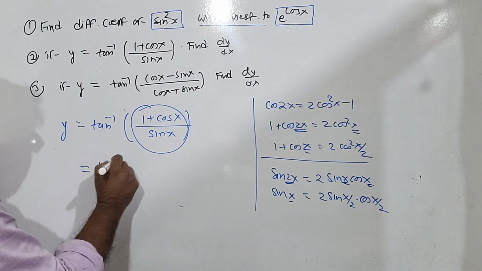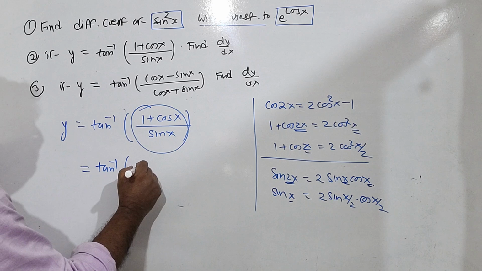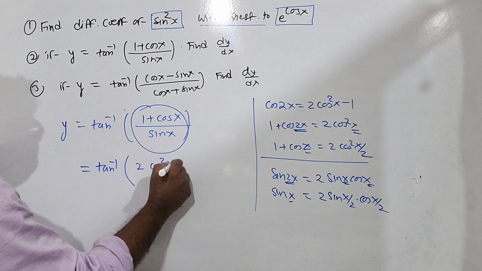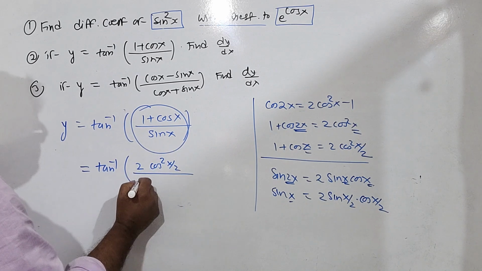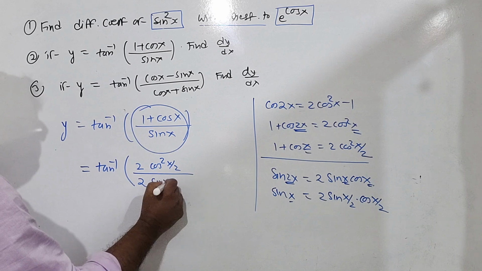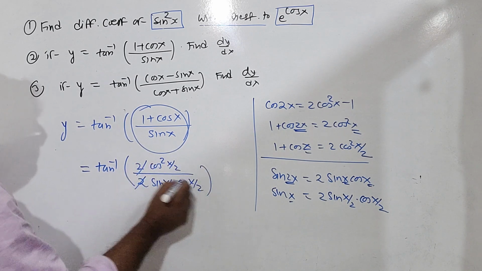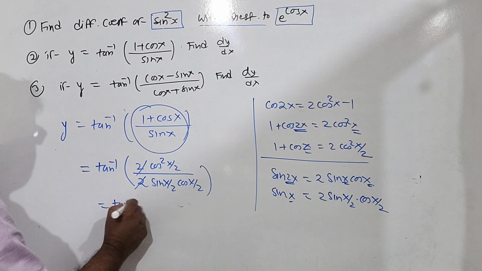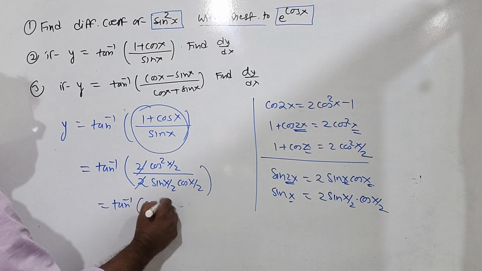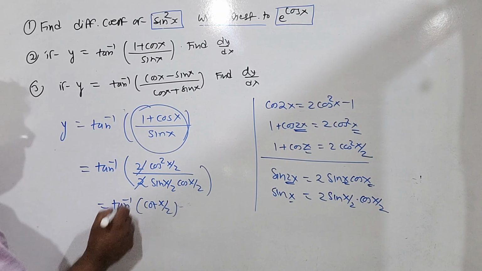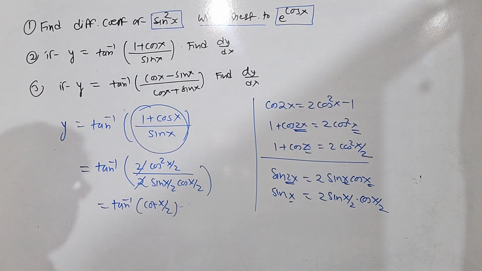So this is tan inverse of 2 cos square x by 2 divided by 2 sin x by 2 cos x by 2. One 2 cancels out, and one cos x by 2 cancels out, so what remains is tan inverse of cot x by 2. Here tan inverse is there and this is cot x by 2, so this cannot be simplified yet.